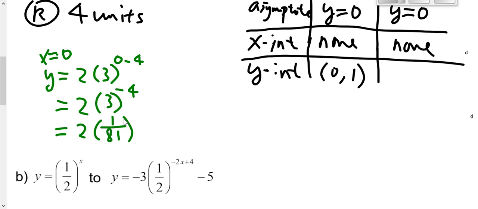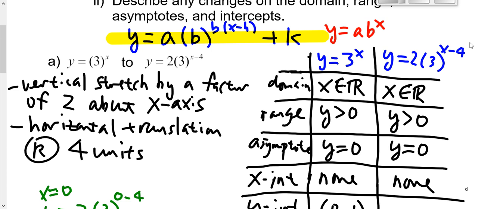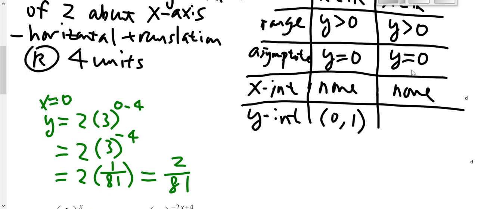So that gives you y equals 2 over 81. As predicted, you cannot eyeball it, because this is not in the exact form. If it were just x without the minus 4, then your y-intercept would be 2, but in this case, no. So your y-intercept is (0, 2 over 81).